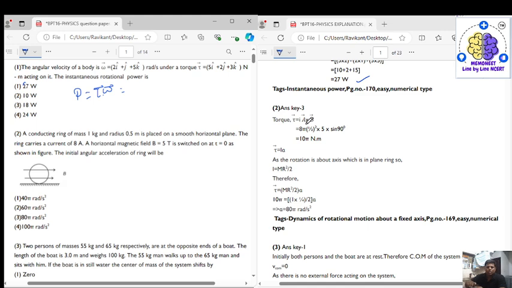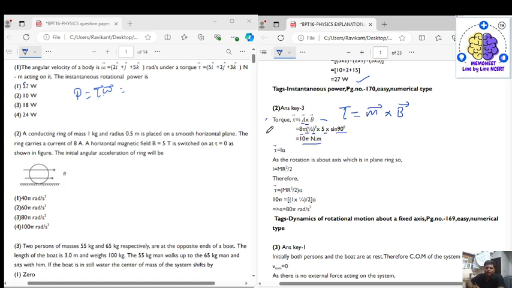Torque is tau is equal to M vector cross B vector, where M vector is equal to I into area vector. Putting the values, I is 8, area is pi r square, into B and sine theta, where the angle is 90 degree. We get torque on the ring as 10 pi Newton meter.